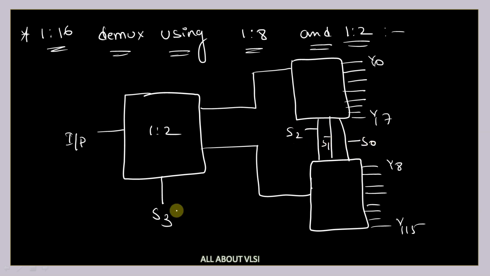Depending upon the value of S3, whether I should select this demultiplexer or the second demultiplexer will be decided, and depending upon the values of S2, S1, and S0, which output will be active will be selected. So this is how I am going to design a 1:16 demultiplexer using 1:8 and 1:2 demultiplexers.